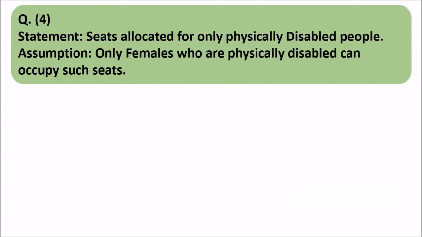Statement: Seats allocated for only physically disabled people. Assumption: Only females who are physically disabled can occupy such seats. Now this is a very important tip. Variants of this tip can be asked in the exam, so please pay close attention. Whenever the statement is very generalized and the assumption is very specific, then the assumption is explicit.